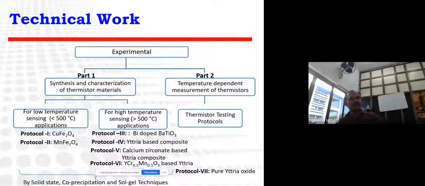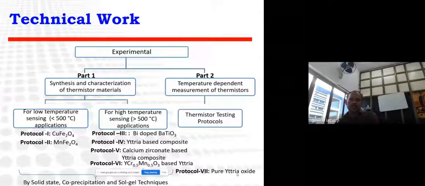and in the high temperature case we use bismuth doped barium titanate, yttria based composite, calcium zirconate, yttria, and YCrMnO3. There is a little bit of literature available where these can sustain high temperature with some resistance value.